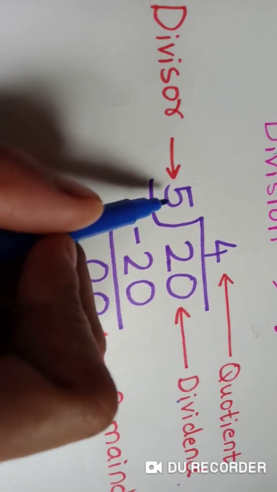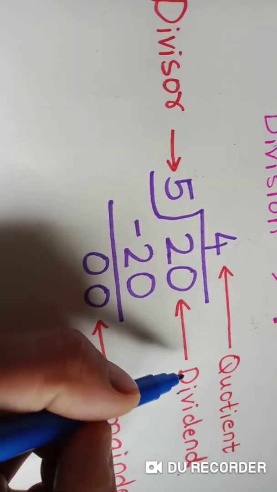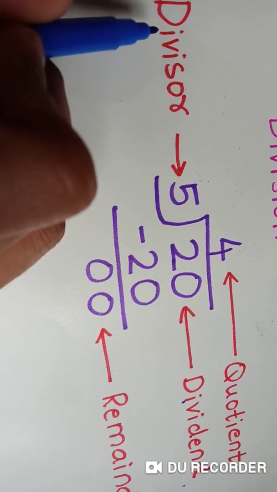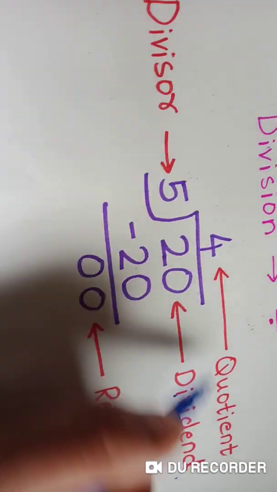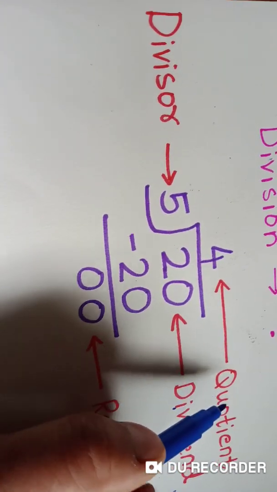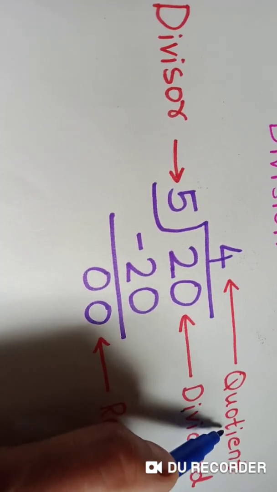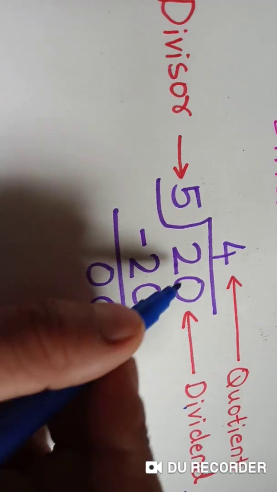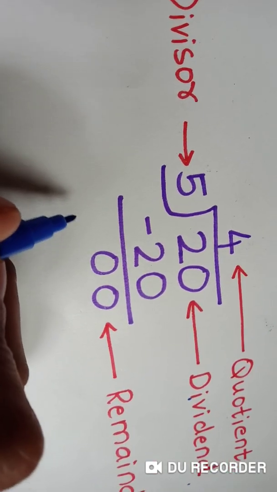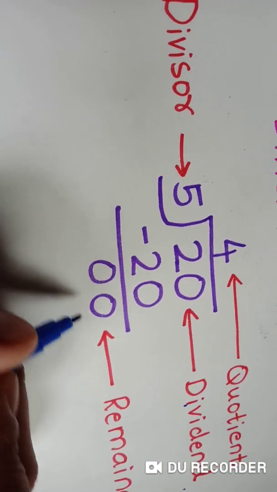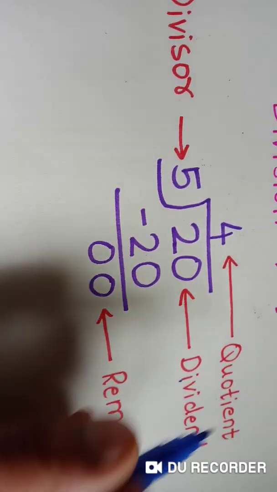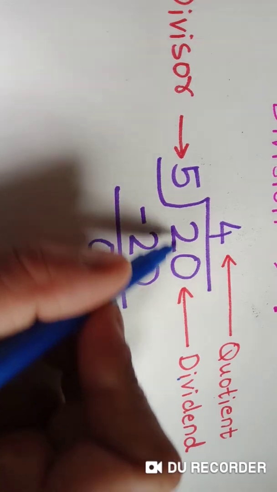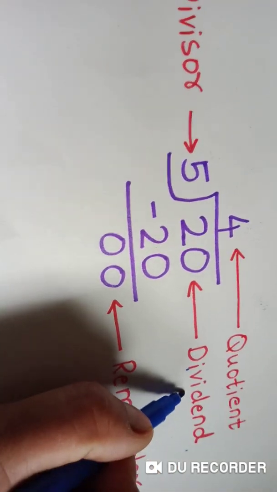And the number by which the dividend is divided is called a divisor. And the result of division is called a quotient. After dividing, what remains is called the remainder. So the number being divided is called a dividend.